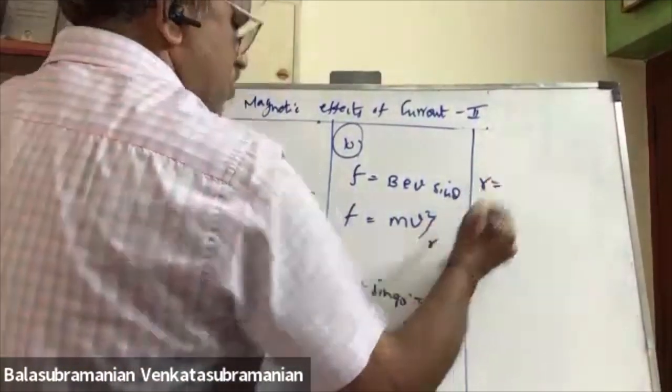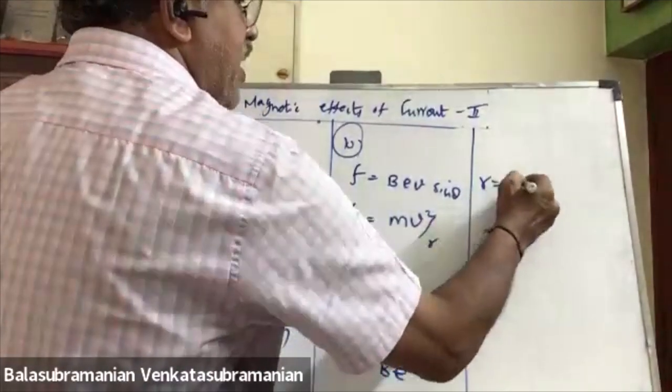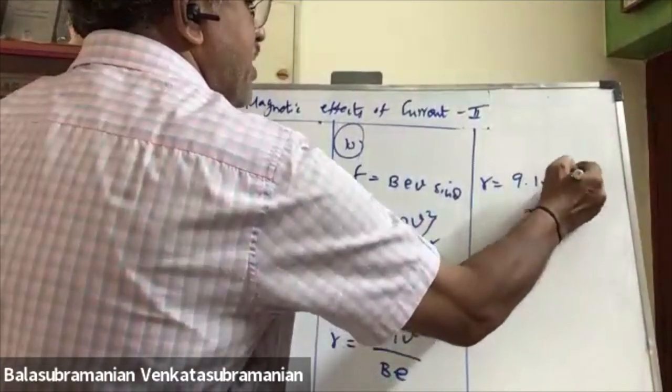r, mass of the electron 9.1 into 10 power minus 31.